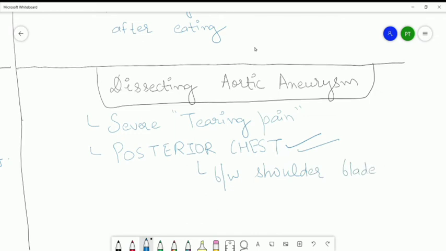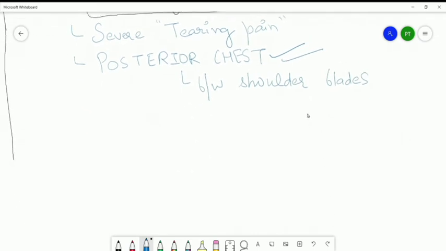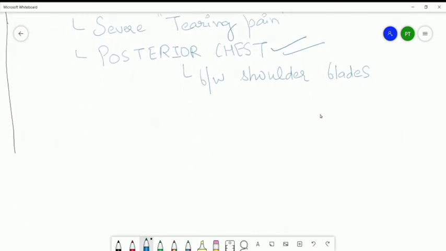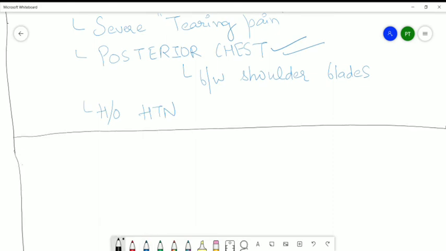Okay, so in angina we have anterior chest, and in aortic aneurysm we have posterior chest with tearing pain between the shoulder blades, classically between the shoulder blades. There is a history of hypertension if you look into the case.